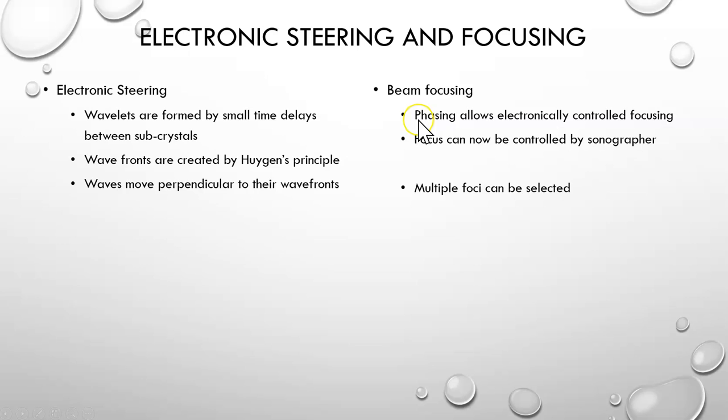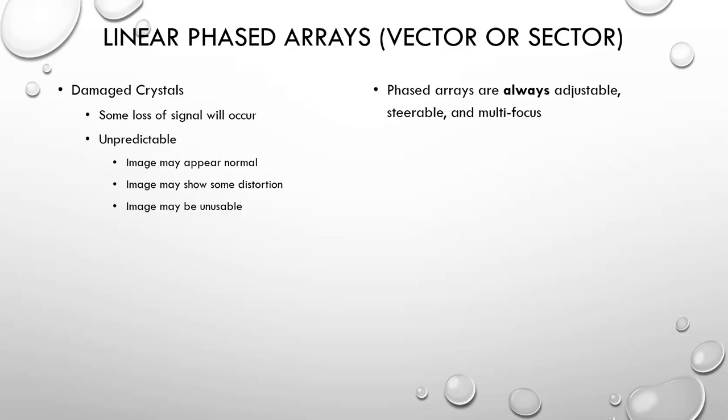Beam focusing with phasing allows electronically focused control, and now we can utilize focusing to control the depth of our focus, and this can be done by the sonographer. In some cases you can select multiple foci, in which case you're sending out multiple beams, each one focused at a different depth. With linear phased array transducers, sector or vector ones, if the crystals are damaged, you'll get some loss of signal.